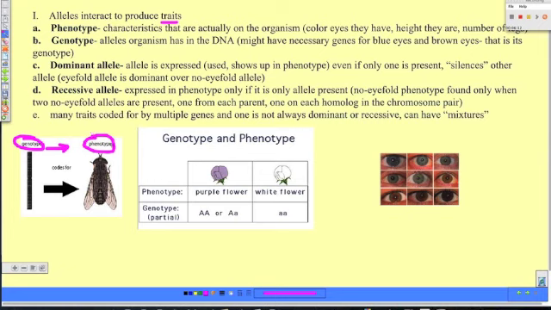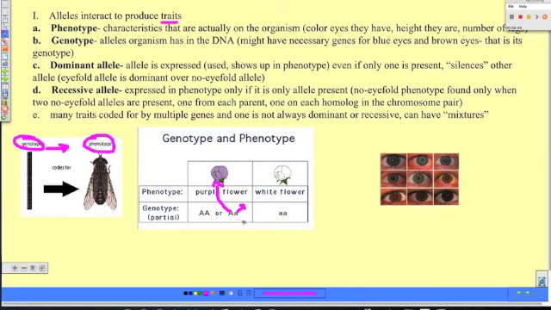But you also need to realize that not all the genes show up. Some of them are silent. So for example, if we look over here about genotype and phenotype, we can see this purple flower. The genotype could be dominant-dominant, in which case the organism has 2 genes for the dominant color for making purple flowers. But it could also be dominant recessive. So this one codes for purple. This one codes for white, but it's a recessive gene, and in this case the dominant one tells it to be quiet.